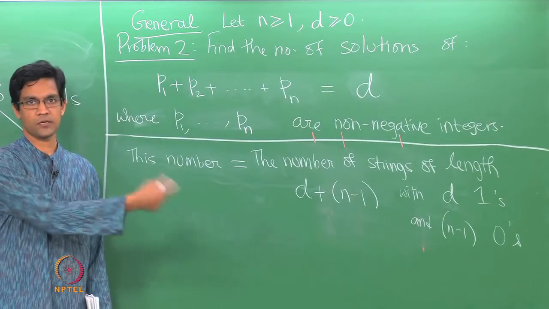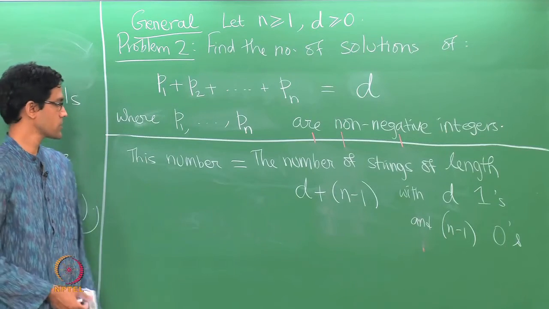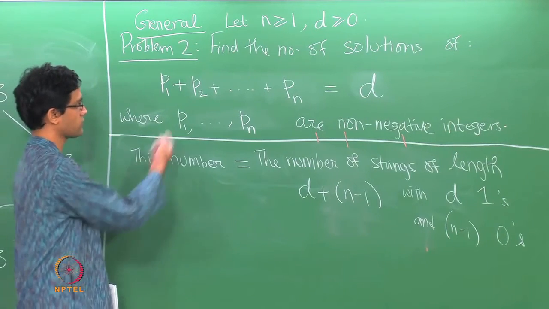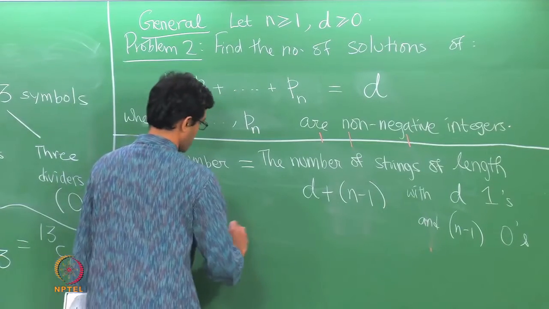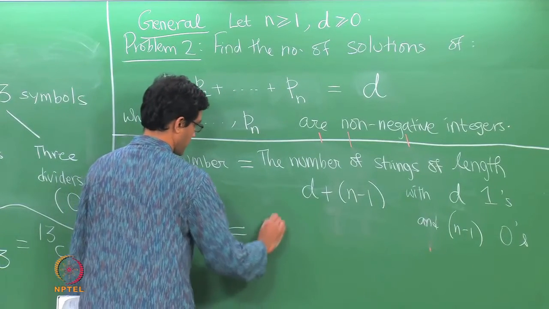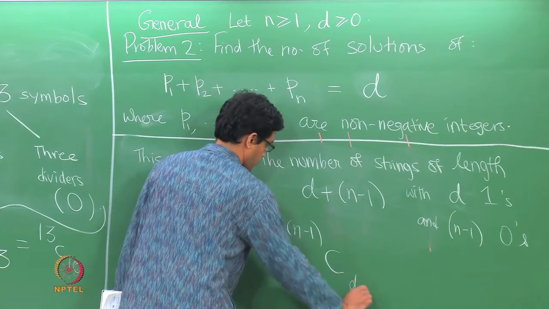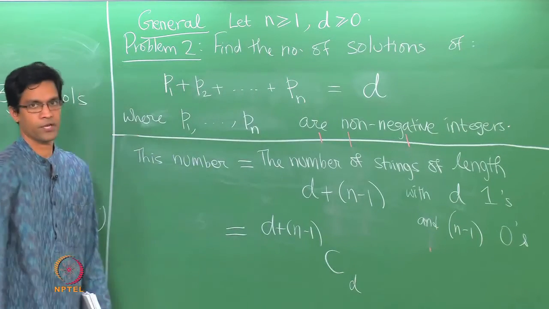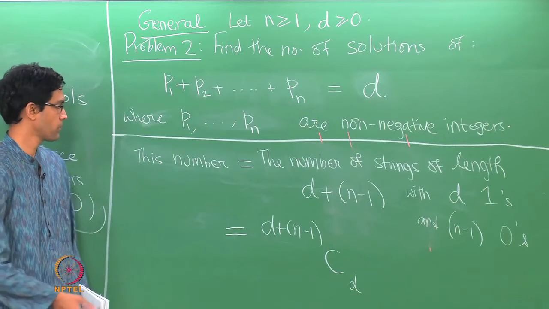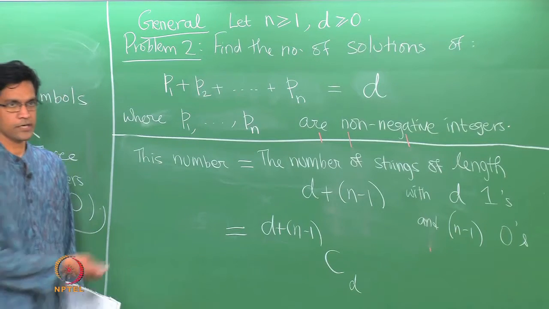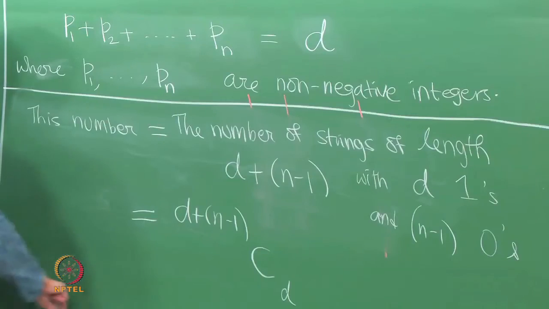Okay. So, this list of strings really counts the number of solutions to this equation, and of course we know now that this is nothing but d plus n minus 1 choose d, or if you wish d plus n minus 1 choose n minus 1. Okay. So, that completely solves the problem.